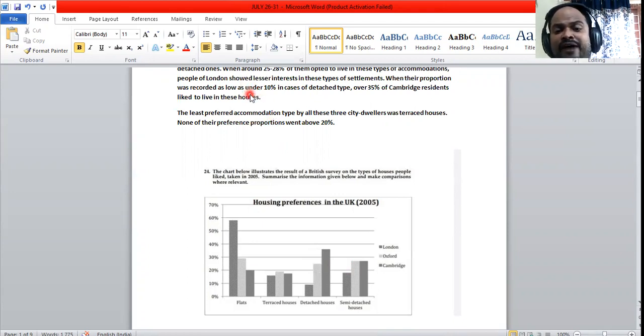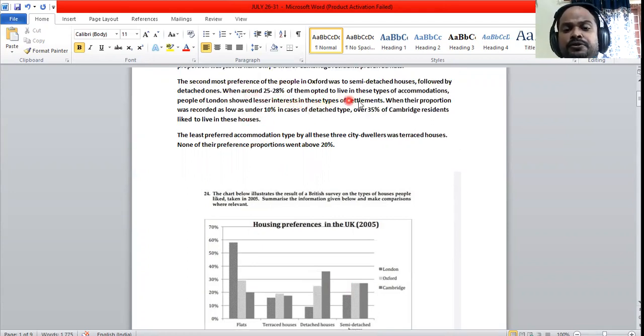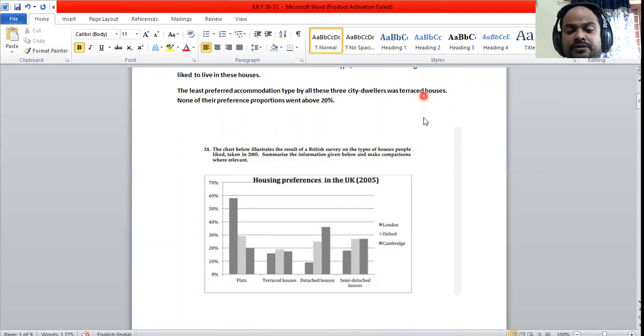Around 25 to 28% of them opted to live in these types of accommodations.